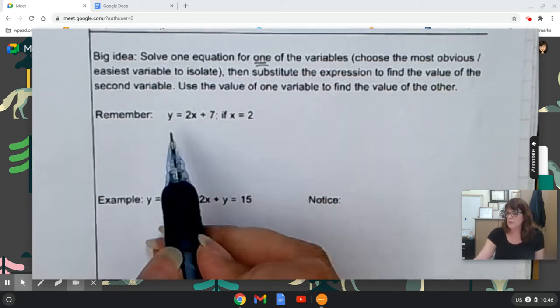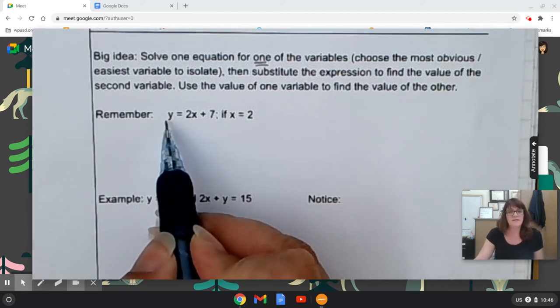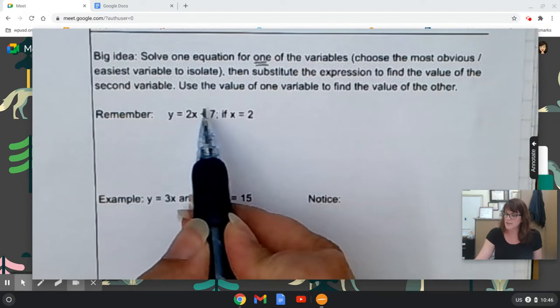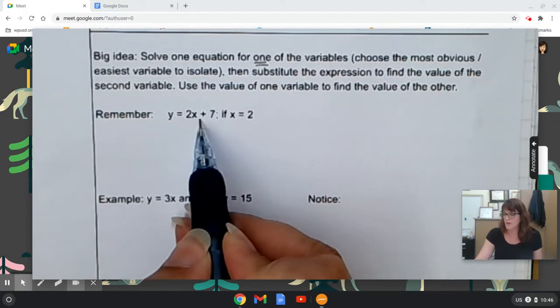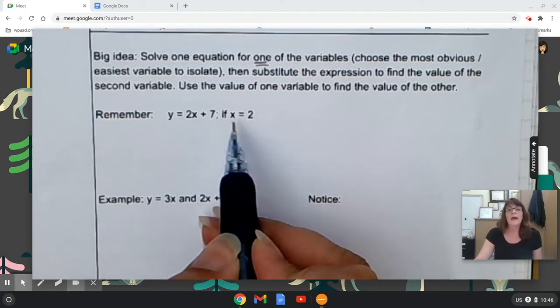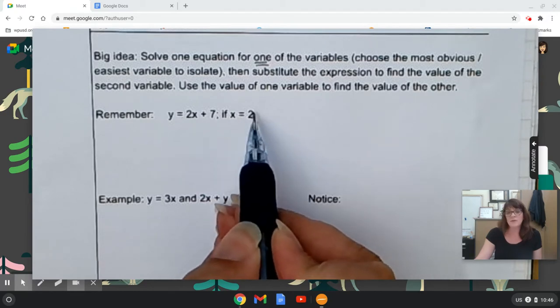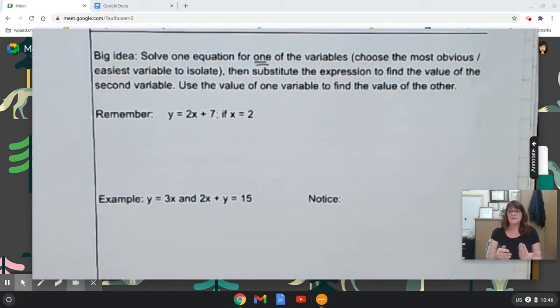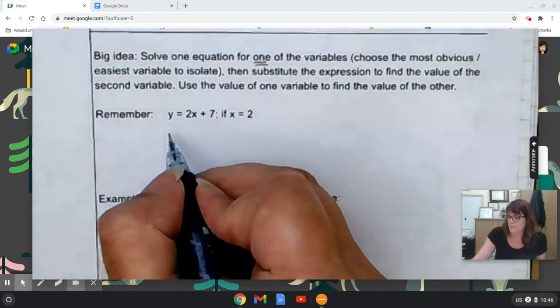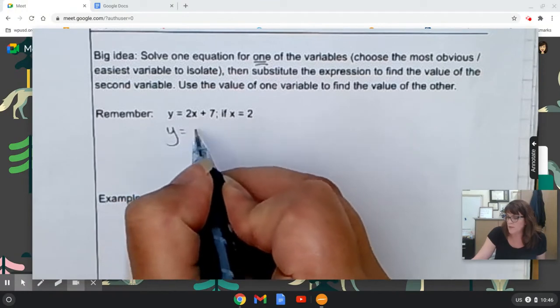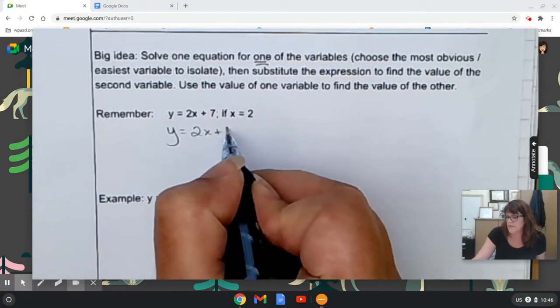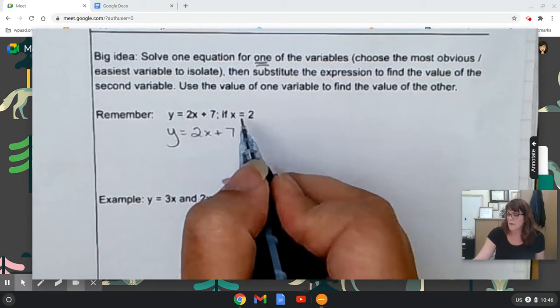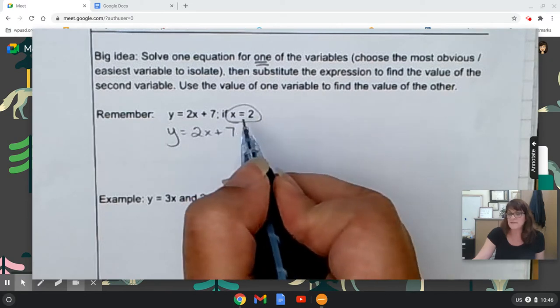You already know that if we have a nice linear equation like this, y equals 2x plus 7, and I tell you that x equals 2, you can evaluate this expression and tell me what y equals. We've done this before. So y equals 2x plus 7. But I said that x equals 2.